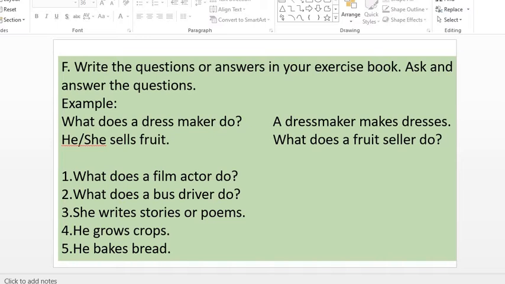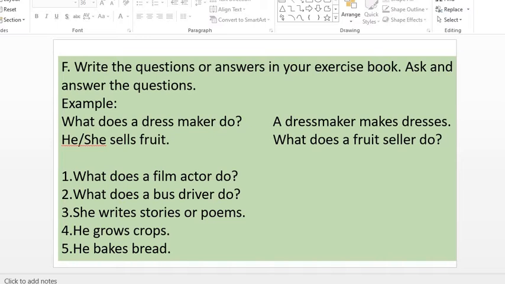The person who sings is a singer. Now in this activity we will make questions or answers about this topic, the occupation. We can make questions for the occupation or we can make answers for the question.